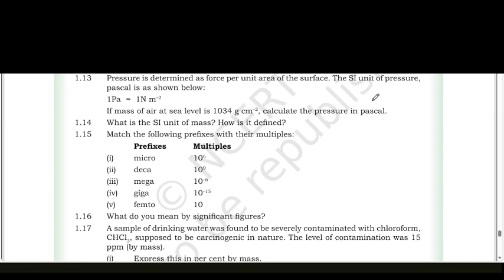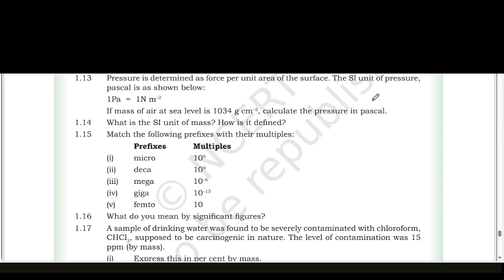After finding moles, concentration M will be moles of solute by volume. So 0.0585 divided by 2, 0.02925 mole per liter.